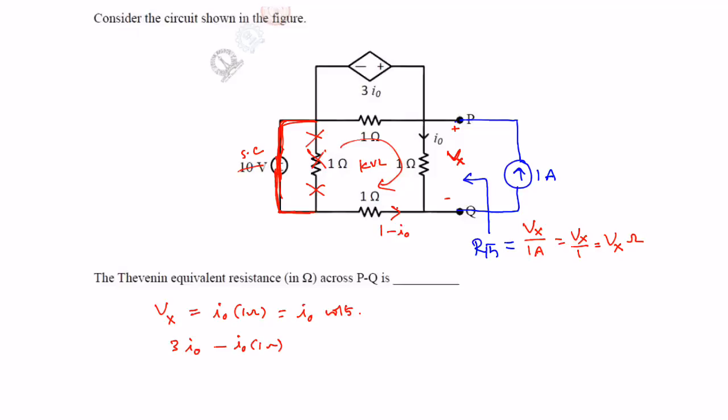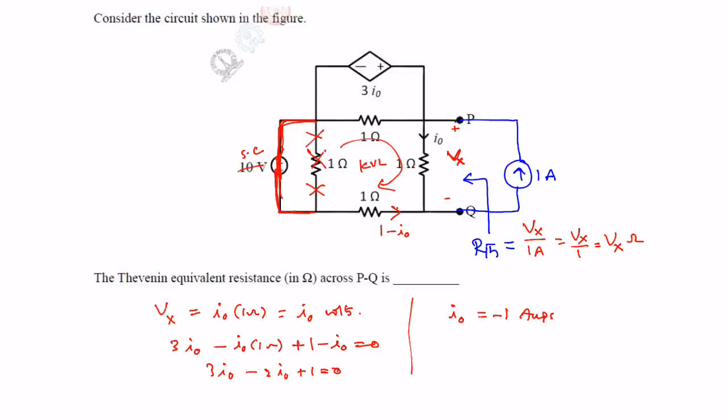Previously it was written as I minus I0; now that I is a known value, 1 ampere, it is written as 1 minus I0. So plus 1 minus I0 is equal to 0. So 3I0 minus 2I0 plus 1 is equal to 0. From this, I0 is equal to minus 1 ampere.